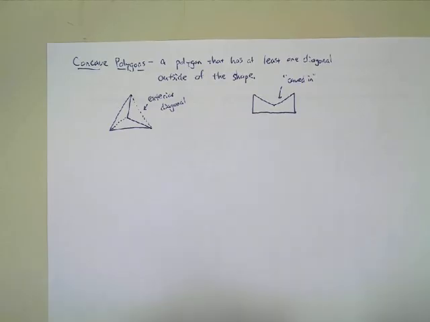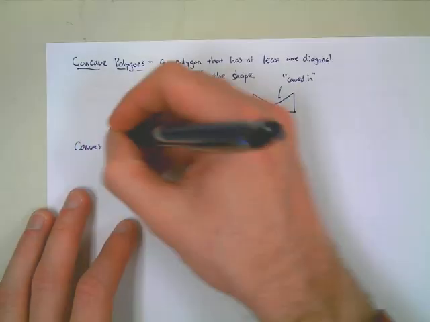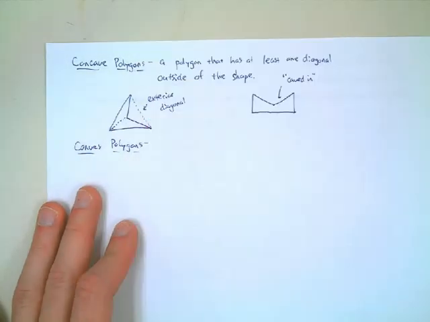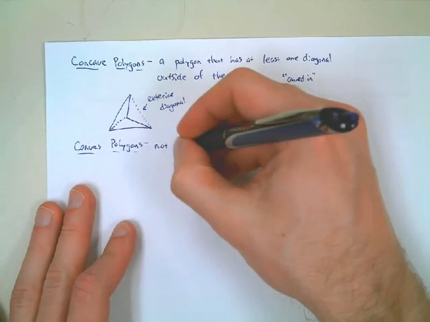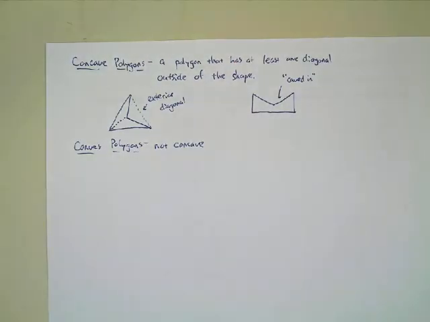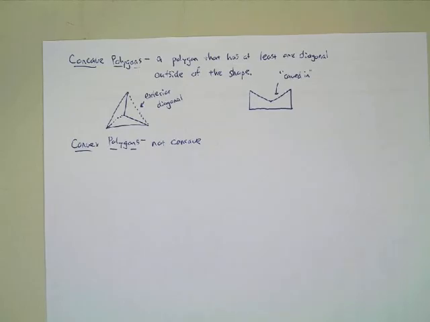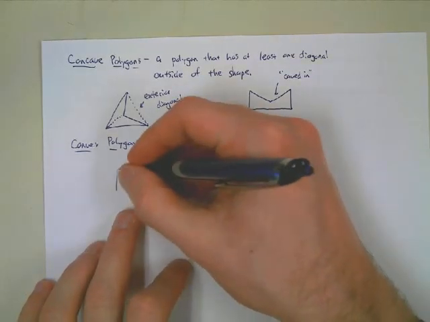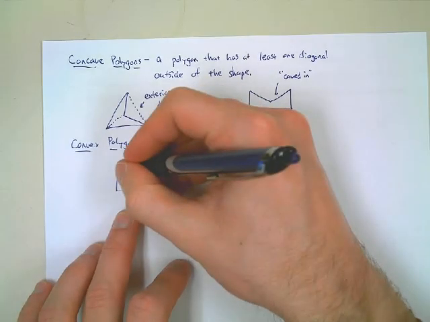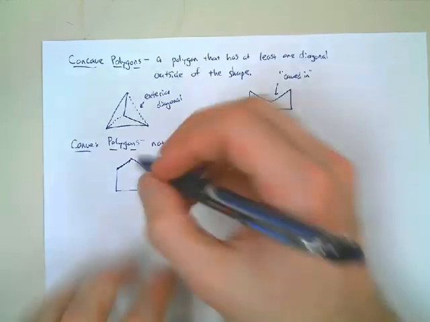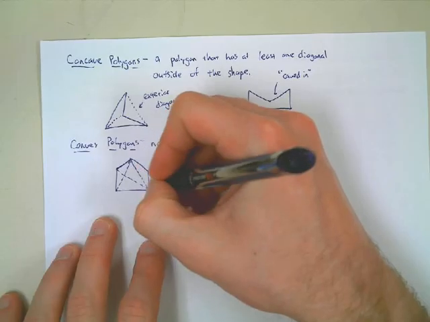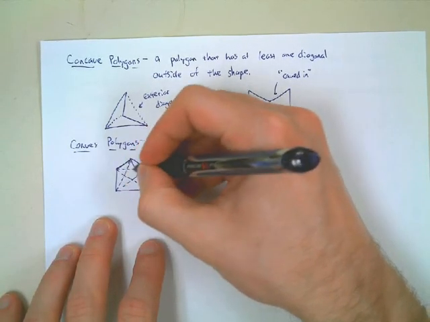And so then convex, this is an easy definition. Convex polygons are just not concave. If it's not concave, that means it's convex. You can just draw a little example here. You can see here that any diagonal that we draw, if we draw all the diagonals, it's going to end up being a pentagram, so I don't know if it's Illuminati confirmed or something like that, but there you go.